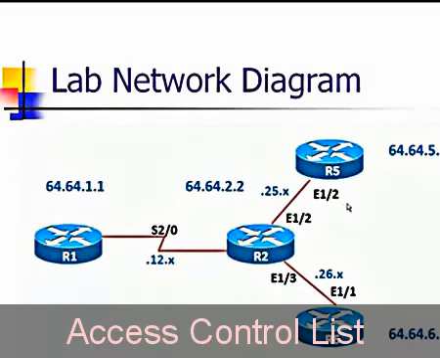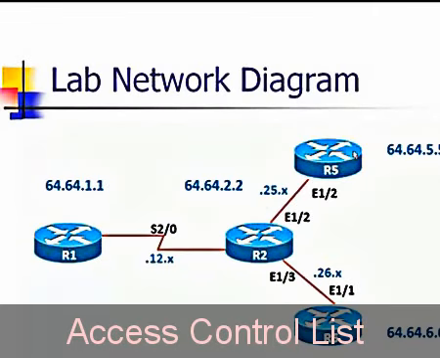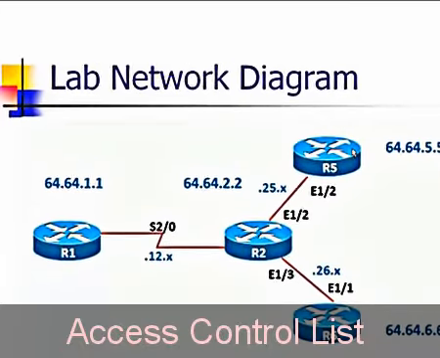In the same way, the interface of router number 2 facing router number 5 has an IP of 64.64.25.2, and router 5 has the IP of 64.64.25.5. By making the IP assignment contain the information of router numbers, you do not have to memorize the IPs. As you see the IP address, you know which router it belongs to.